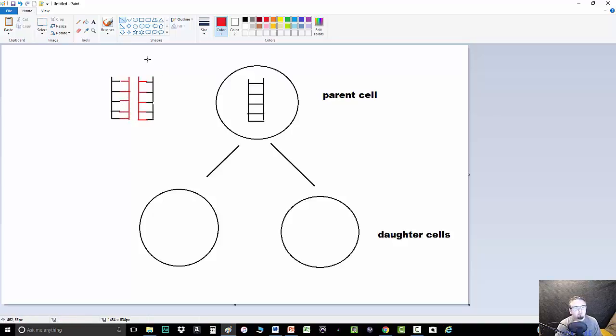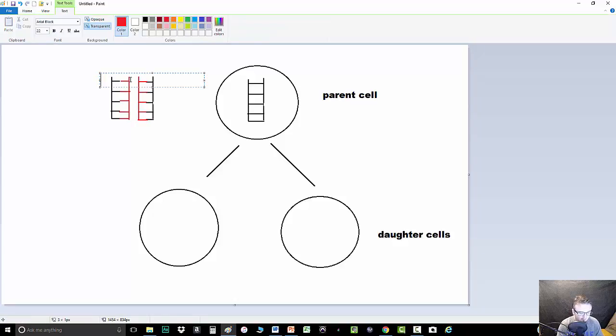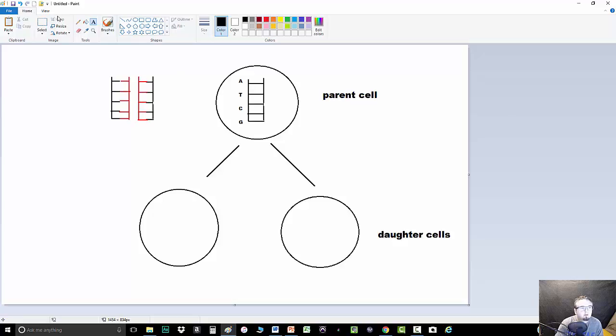And the way this works is that it uses complementary base pairing to make an exact sequence. So for example, let's go back here real quick and show that this works. If we have a sequence of A, T, C, G, we would see on the other side a match.